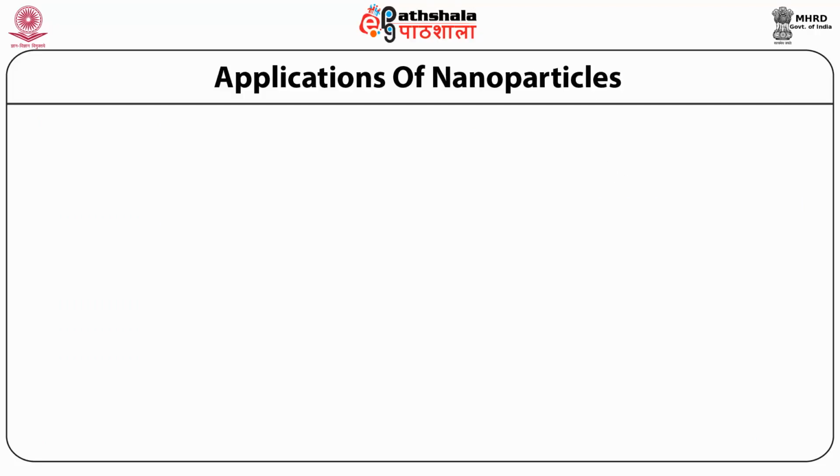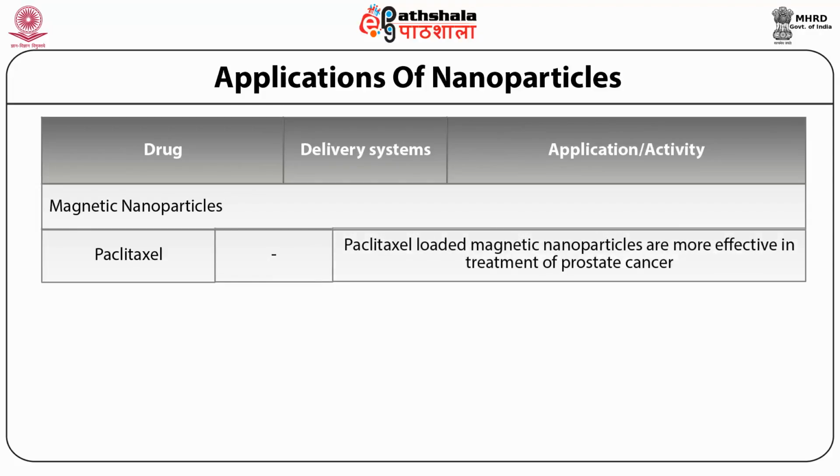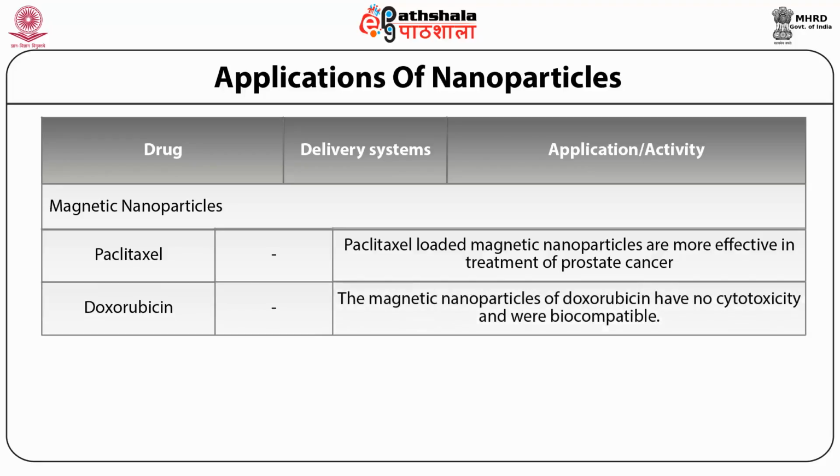Now there are a few examples about magnetic nanoparticles, like paclitaxel. It is designed in the form of paclitaxel loaded magnetic nanoparticles, and they are found to be more effective in the treatment of prostate cancer. Then doxorubicin is also designed in the form of magnetic nanoparticles, and they have very low or no cytotoxicity and were found to be more biocompatible.